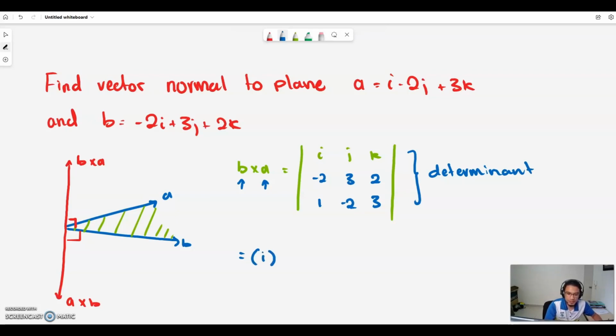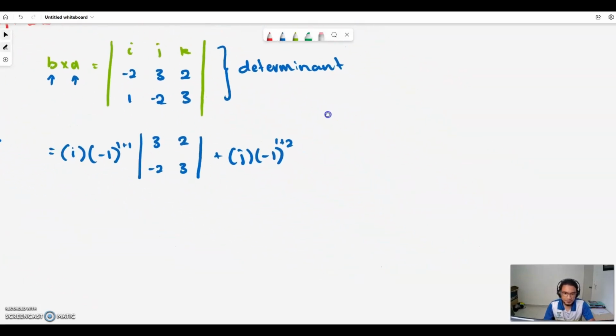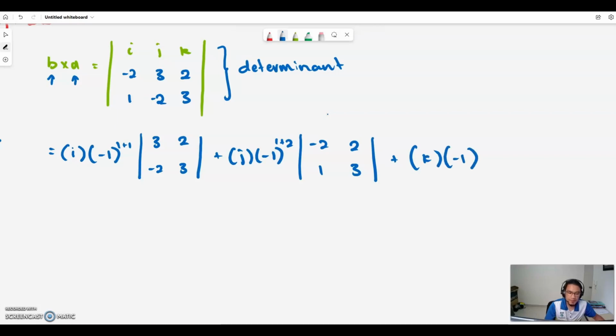So the first row with the i, negative 1 to the power of 1 plus 1, and then the minor 3, 2, negative 2, 3, plus j, negative 1 to the power of 1 plus 2, then the minor negative 2, 2, 1, 3, and then plus k, negative 1 to the power of 1 plus 3, and then the minor is negative 2, 3, 1, and negative 2.